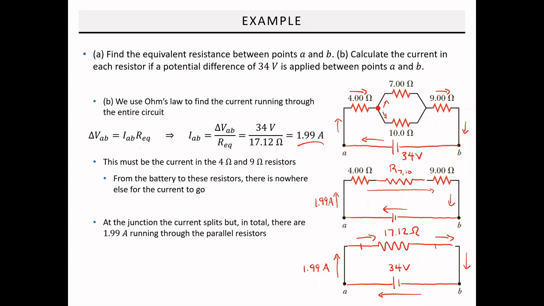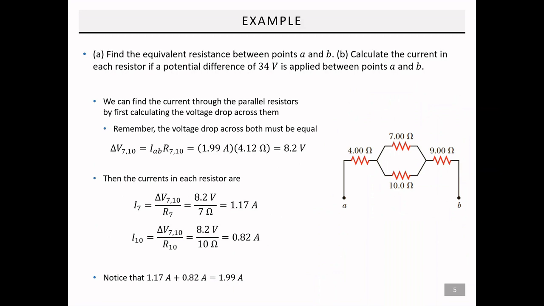To find the current that each of those parallel resistors sees, we want to actually apply Ohm's law to that R710 resistor. So what we're looking for in particular is the voltage drop across that parallel combination. So we want to use V is equal to I times R. I will be the total current going through the R710 resistor, and R710 is the resistance of that resistor.